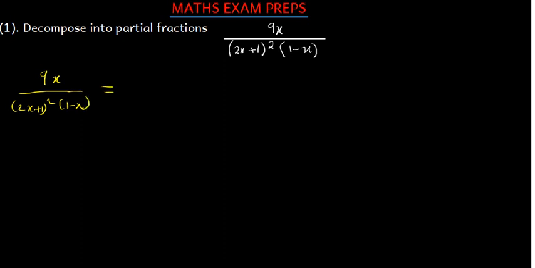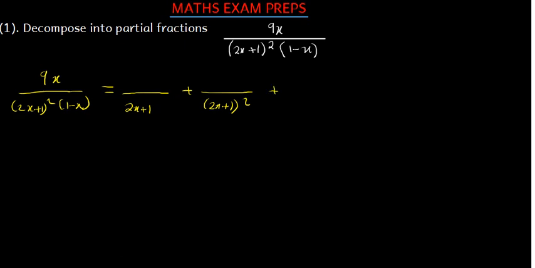In the denominator we have got factors. The first one is just 2x + 1, and then the second one is (2x + 1) squared. So this is a repeated linear factor.